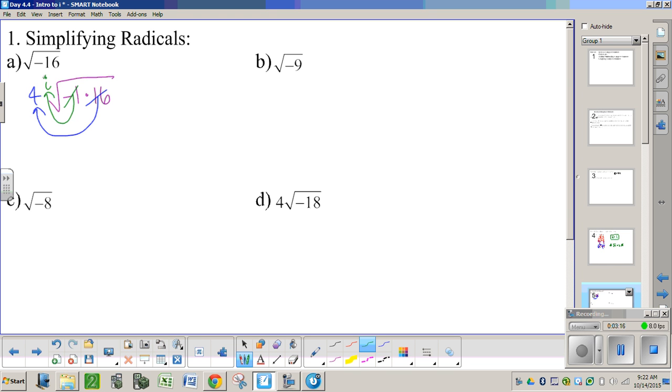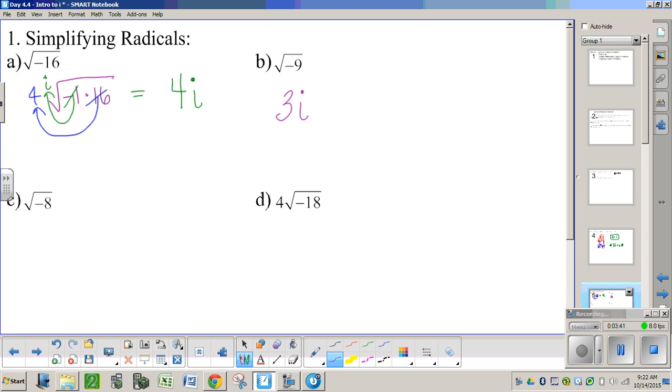So the square root of negative 16 actually turns out to be 4i. Anytime you're taking the square root of a negative number, your answer should have an i in it. All right, square root of negative 9. Well, square root of 9 is 3, and now that it's negative, you're going to have that i involved. So this just becomes 3i.